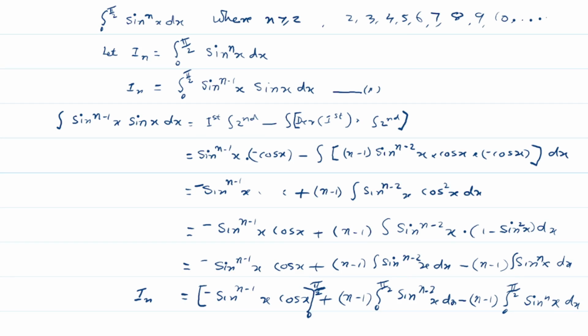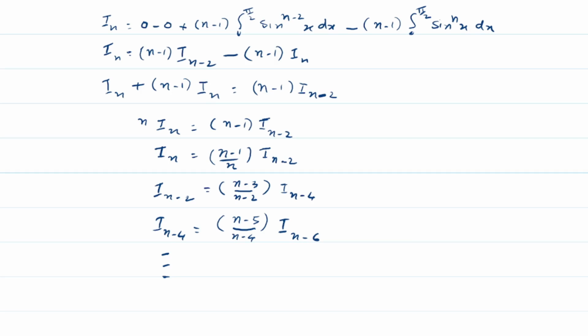So n can be odd numbers, n can be even numbers. We will see how to derive the final formula for the integral of sine raised to nx from 0 to pi by 2, the final formula. So we will go to the next stage.